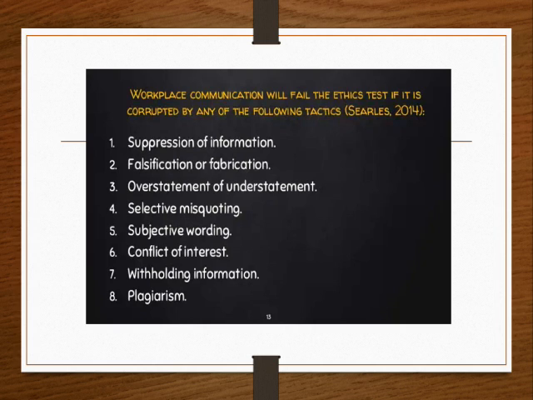Three, overstatement or understatement. Understatement is a figure of speech in which something is expressed less strongly than would be expected, in which something is presented as being smaller, worse, or lesser than it really is. The opposite of understatement is overstatement, in which a statement is made with more strength than is warranted.